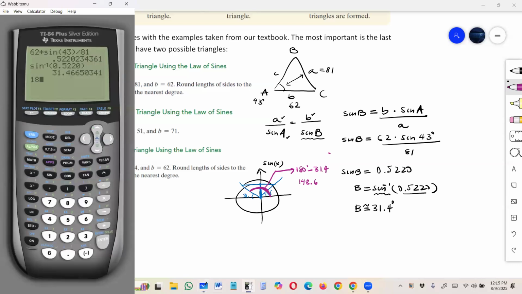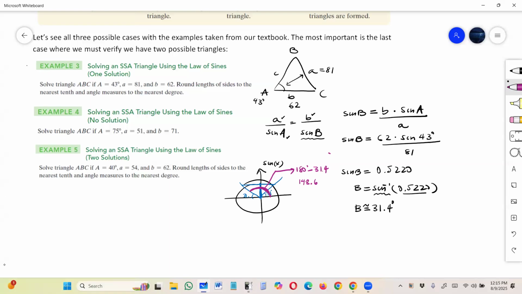So 180 minus 31.4, 148.6. Okay, so I have two answers and I have to consider them both. We said this before. So this is one, and the other angle is 148.6.